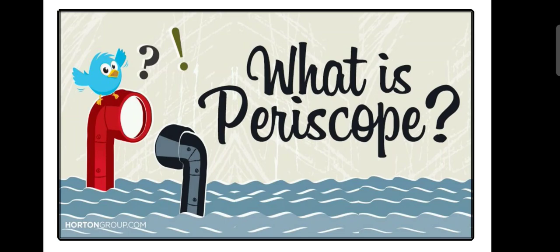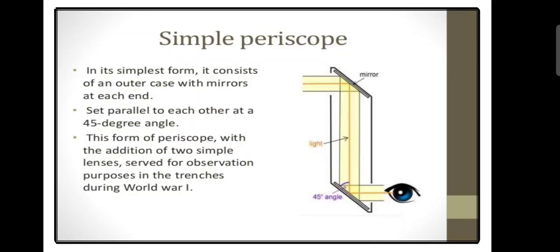Now children, one more device we have discussed where the reflection of light can be very finely used is the periscope. So what is a periscope? I have also told you how the periscope is used in submarines.